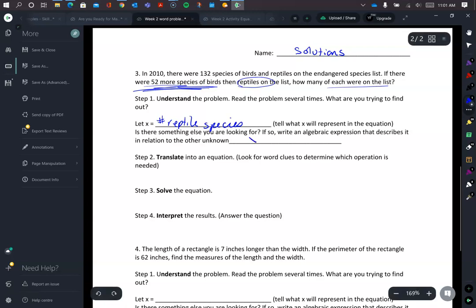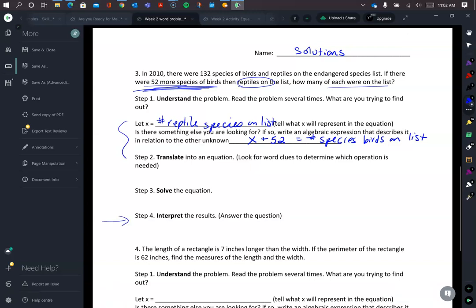So it would be reptiles, which is X, plus 52 more equals number of species of birds on the list. It is just this specific list, but you can track that from the problem. You don't have to write everything out, but the more descriptive you are in this part right here, the more helpful it is on how you interpret and know that you've actually answered the question.